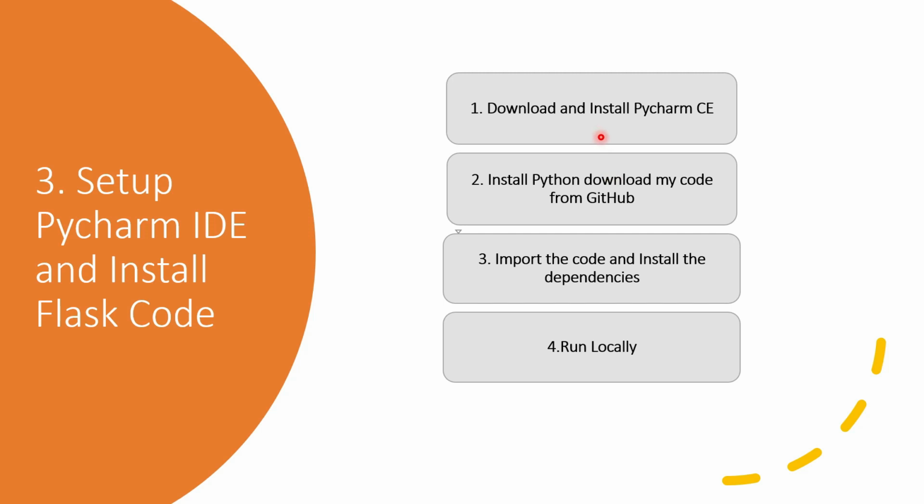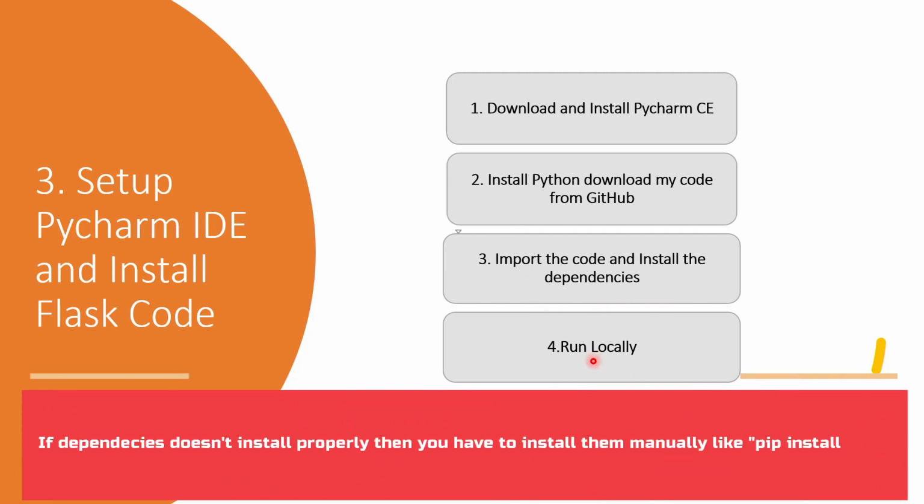Now we will set up PyCharm Community Edition IDE and Python on our laptop, and we will install the Flask library. You just need to download PyCharm Community Edition, and I'm assuming that you have already downloaded my code from my GitHub profile. Then you have to import my code to PyCharm and install all the dependencies, and we will try to run it locally.